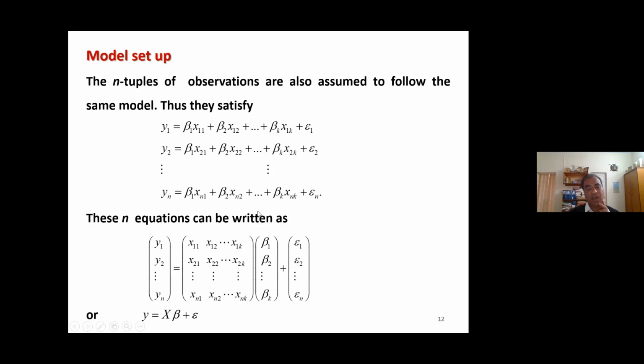Now these are equations, so I am simply expressing them in the form of vectors and matrices. That is very straightforward. Here y is the n cross 1 vector of observations on the response variable, X is the n cross k matrix of observations on the independent variables, beta is the k cross 1 vector of regression coefficients, and epsilon is the n cross 1 vector of random error components.